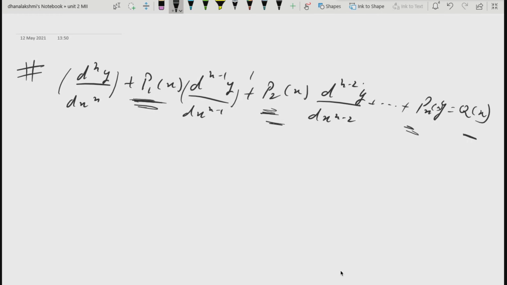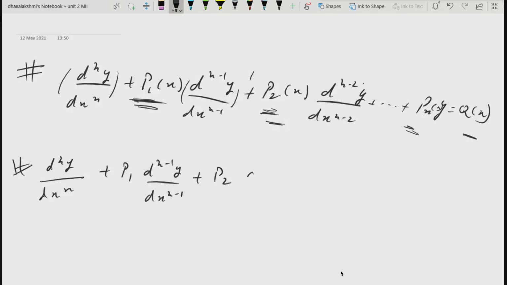Suppose they are all constant, that means instead of writing p1 of x, p2 of x, I'll write d^n y by dx^n plus p1 d^(n-1) y by dx^(n-1) plus p2 d^(n-2) y by dx^(n-2) and so on up to pn y is equal to q of x.